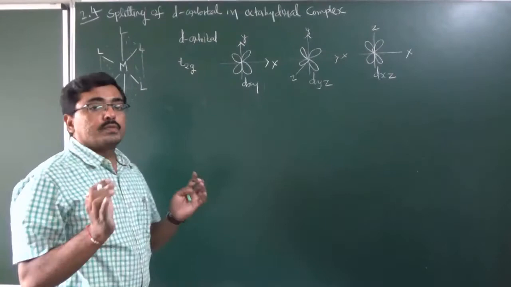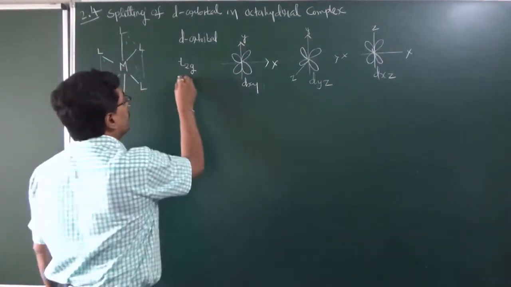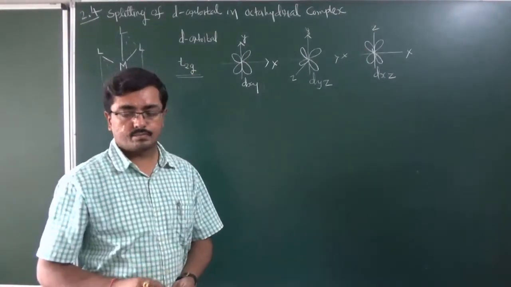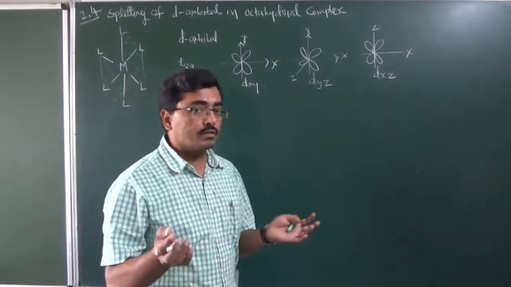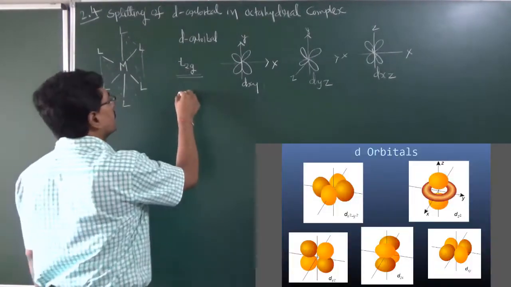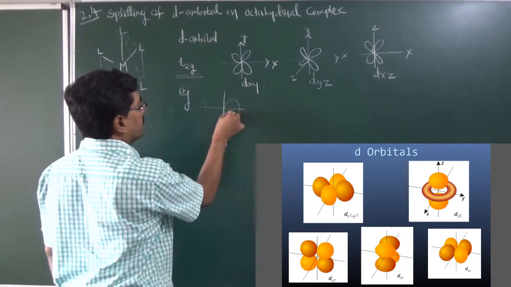So this group, these 3 orbitals which are present in between the axes, we know very well. These are the t2g orbitals and are present in between the axes. Now 2 orbitals, those that are present on the axis, are known as the eg orbitals. तो आपको पता है eg orbital is present over the axis.